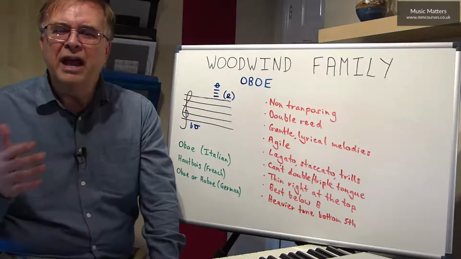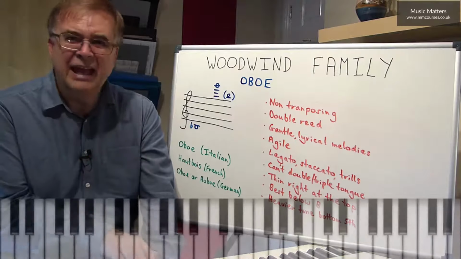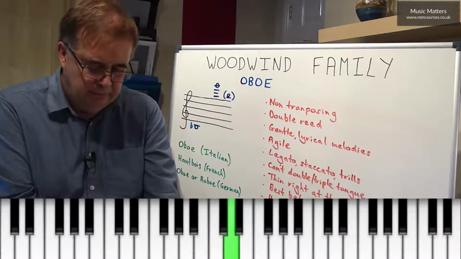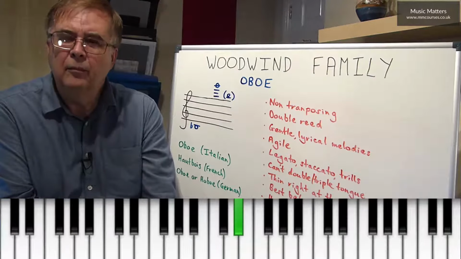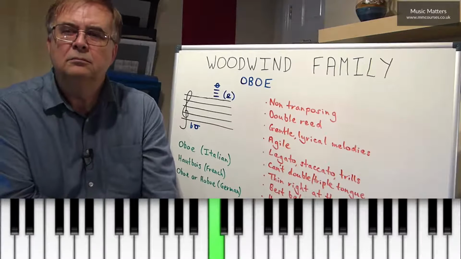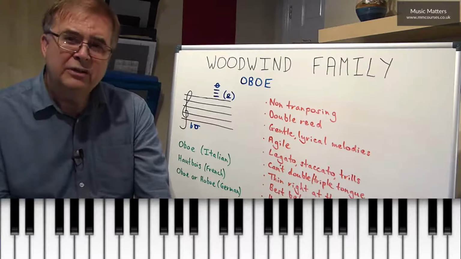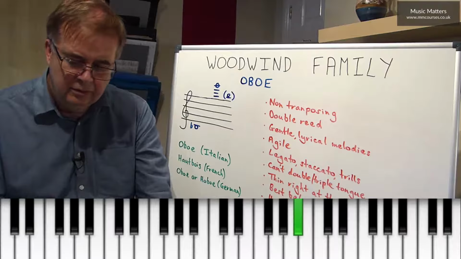So worth bearing in mind that slight change of colour. So if you want a really heavy sound at the bottom, that's great down here. Once you get out of the bottom fifth, then you hear this slightly more lyrical sound.